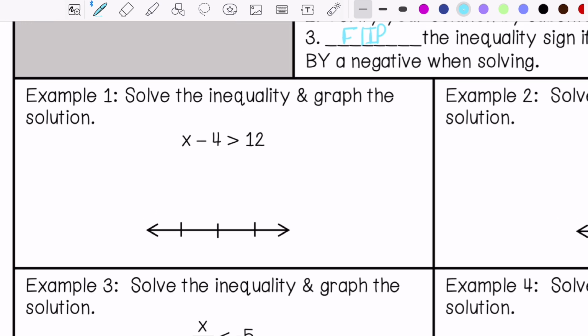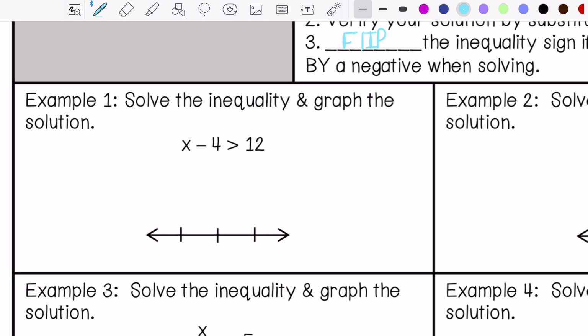So number 1 says solve the inequality and graph the solution. The inverse operation of subtraction is addition. So I have x is greater than 16. I need to go back and verify this solution.